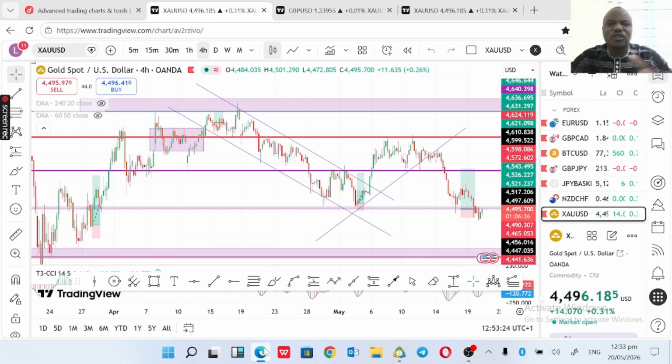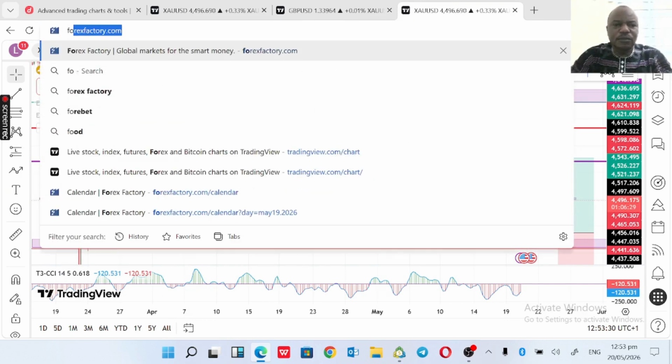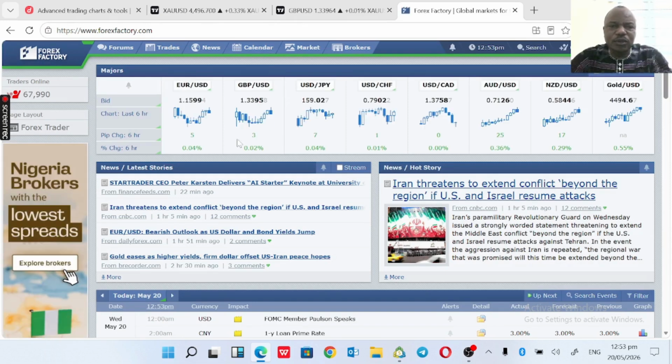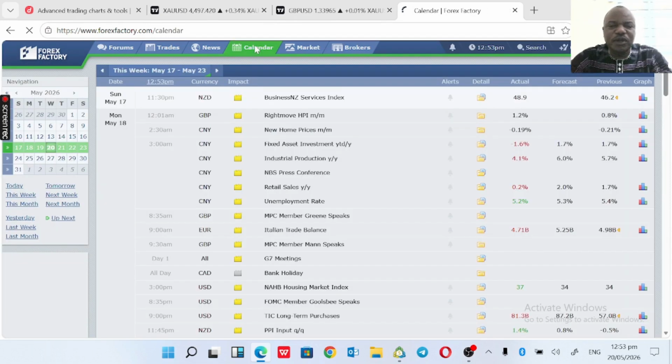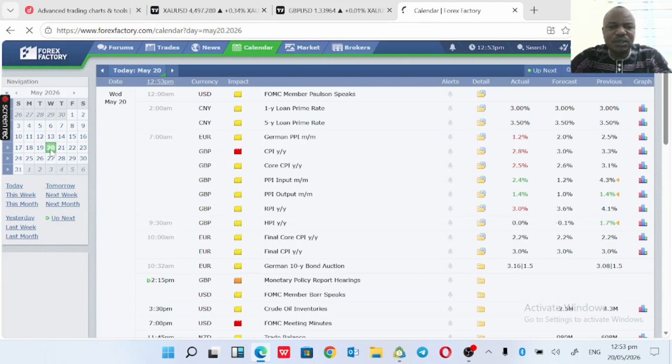But before we do that this morning, let us check the fundamentals to see if we have any major news coming on board. As you know, remember I told you we have to go to forexfactory.com, click on the calendar, then click on today's date, which is Wednesday 20th.